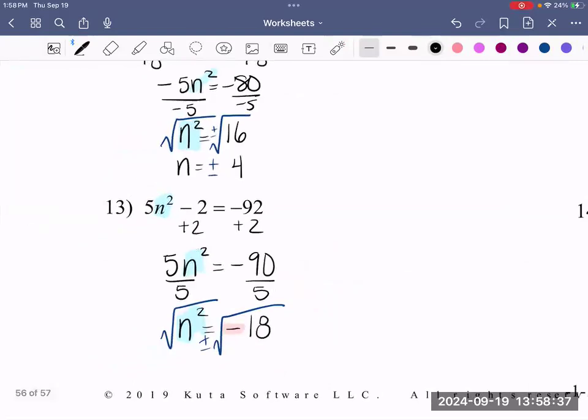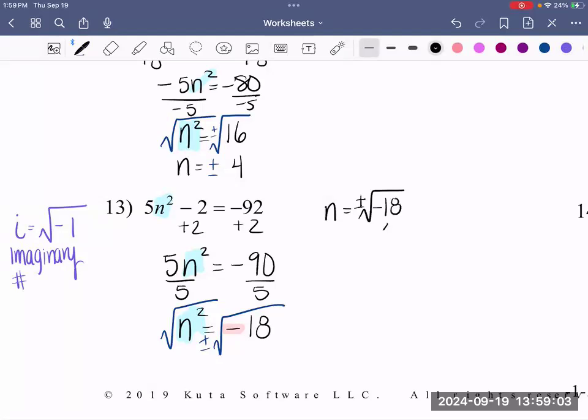Now, we won't deep dive into imaginary, but if we talk about imaginary solutions, i is really equal to the square root of -1. This is your imaginary number. So anytime you see a negative, so we'll just put it over here. We have the square root, plus or minus the square root of -18.